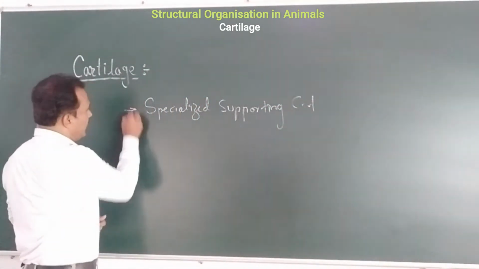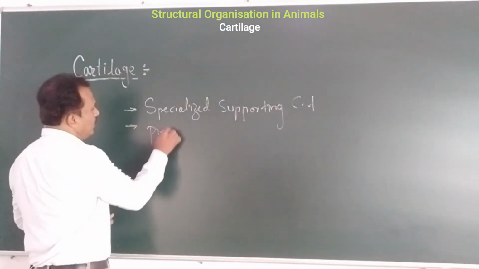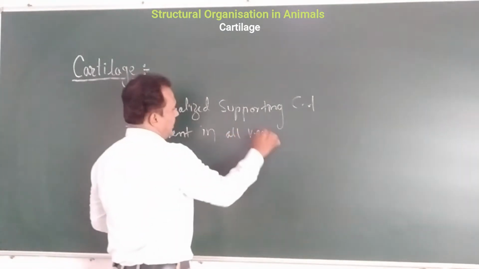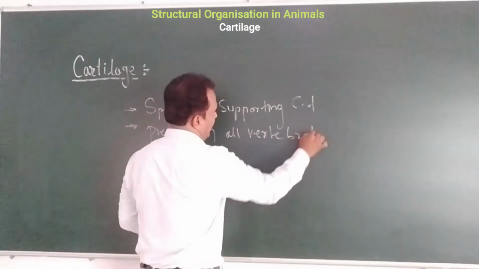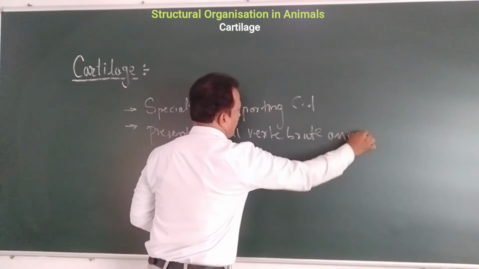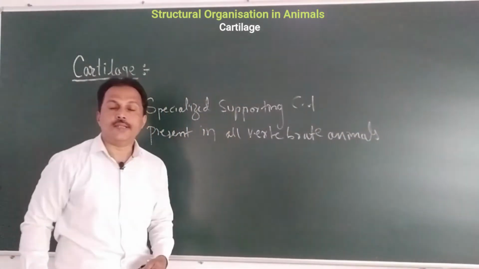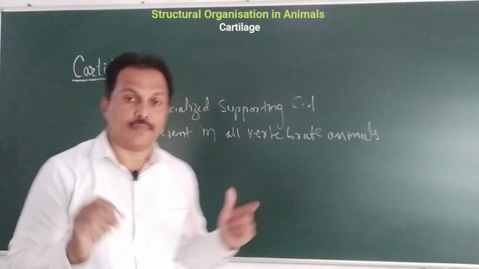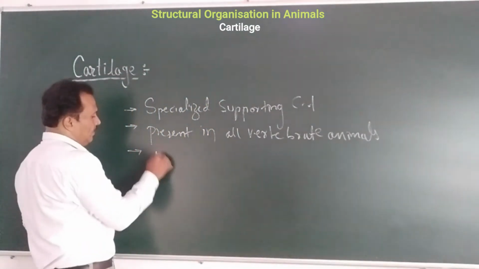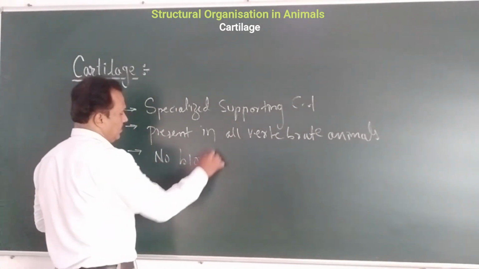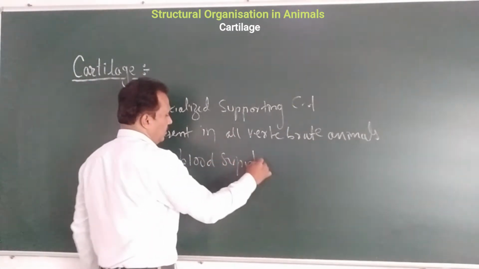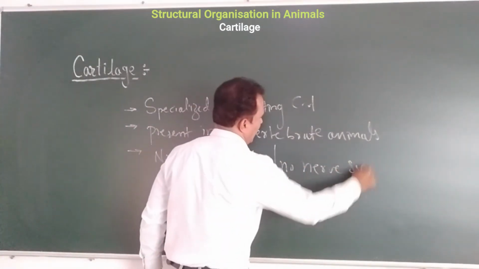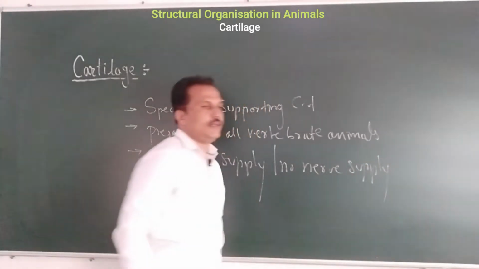Second, it is present in all the vertebrate animals, and this cartilage does not have blood supply and nerve supply. No blood supply and no nerve supply. I am talking about the cartilage.